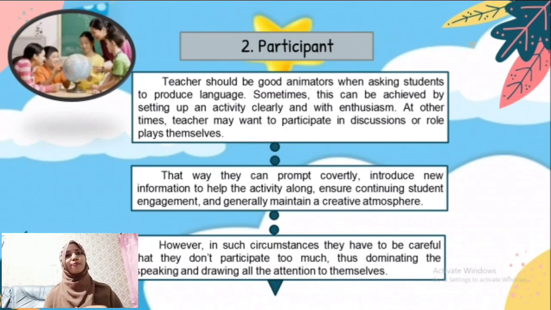That way, they can prompt covertly, introduce new information to help the activity along, ensure continuing engagement, and generally maintain a creative atmosphere. However, in such circumstances, they have to be careful that they don't participate too much, dominating the speaking and drawing all the attention to themselves.